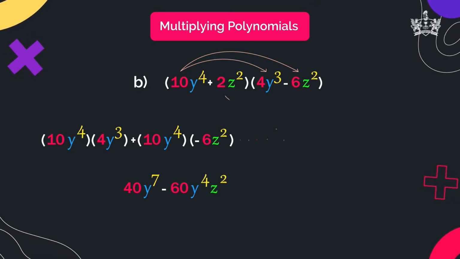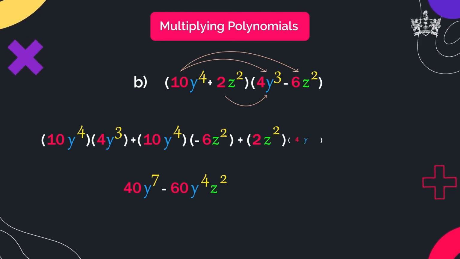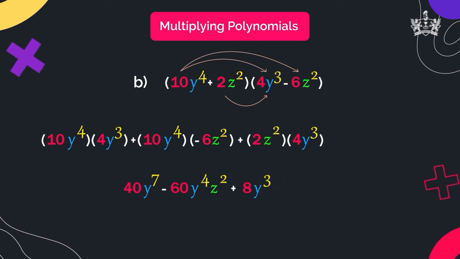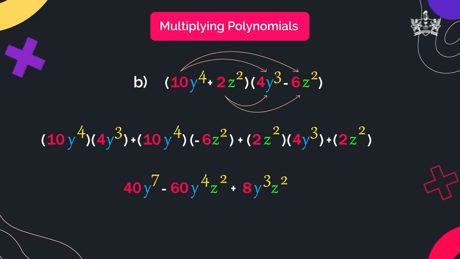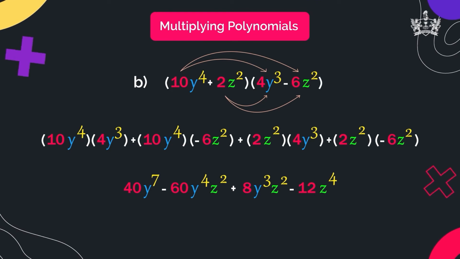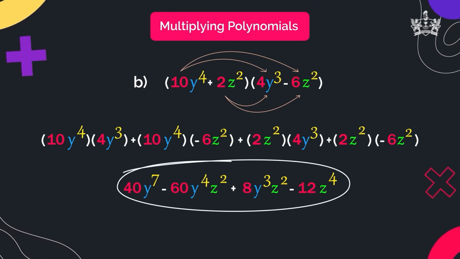Next, we have 2z squared times 4y cubed, which is 8y cubed times z squared, plus 2z squared times negative 6z squared, which is 12z to the fourth power. For this one, there are no like terms to combine, so this is the answer.